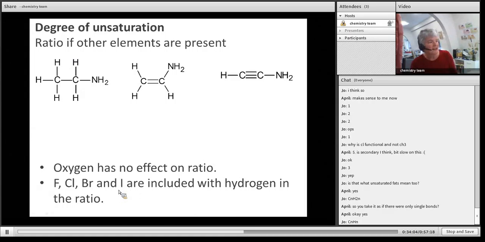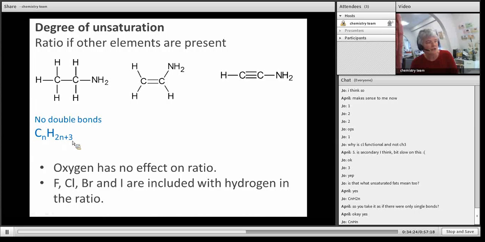But nitrogen, because nitrogen can form 3 bonds, affects the formula a little bit differently. So if it's saturated, instead of CnH2n plus 2, it's going to be CnH2n plus 3.